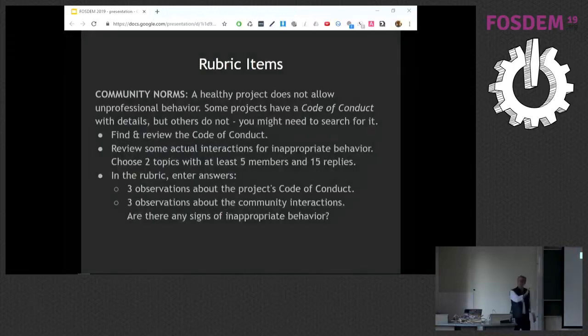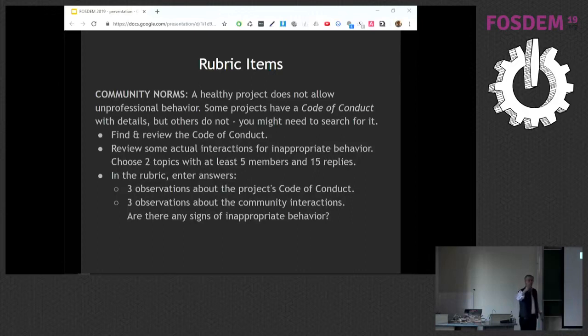Just as one example, if we were looking at the community norms, students don't know what community norms are. So first we explain a little bit about what the norms mean. Then we say, see if you can find a code of conduct. Maybe you can, maybe you can't, depending on the project. Then go into the forums and look for some actual conversations and interactions.